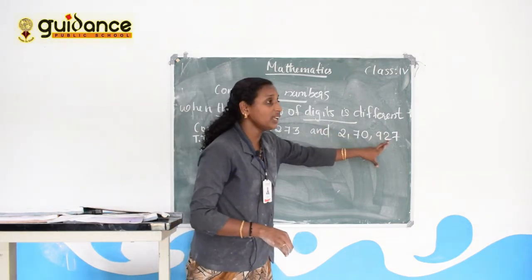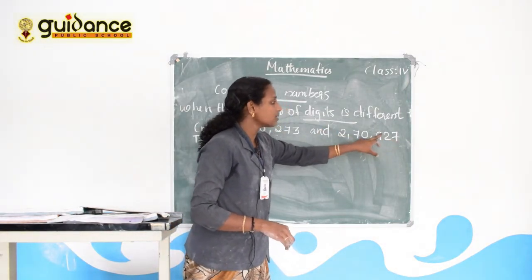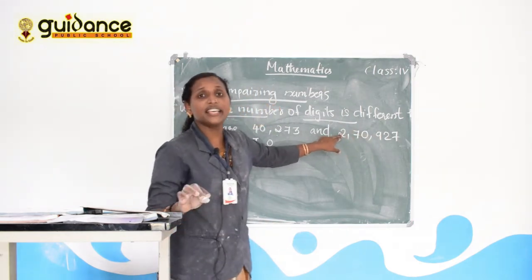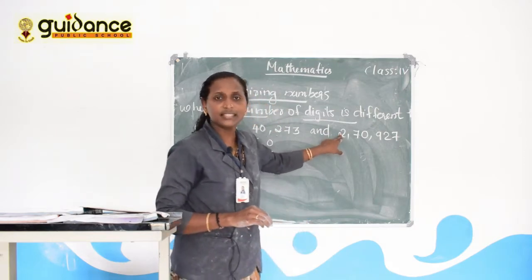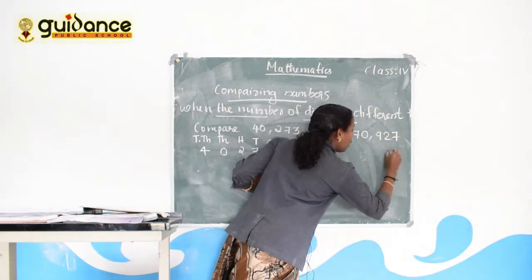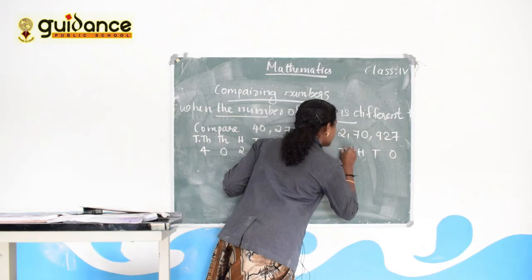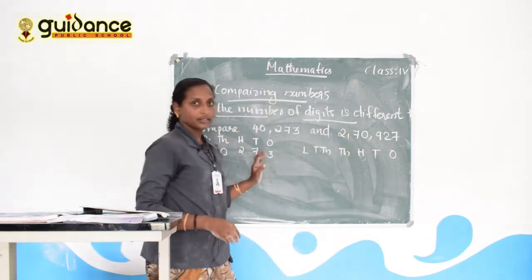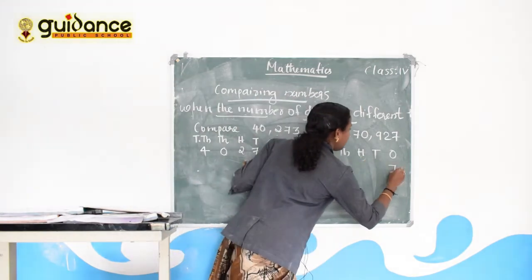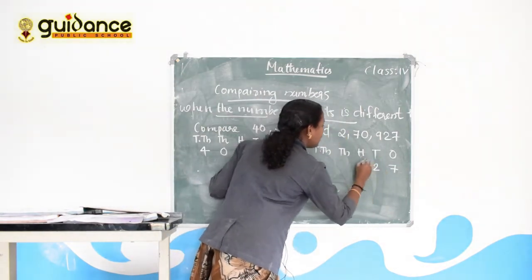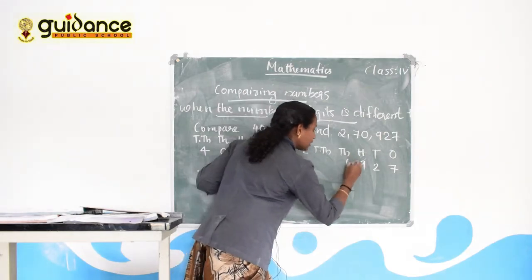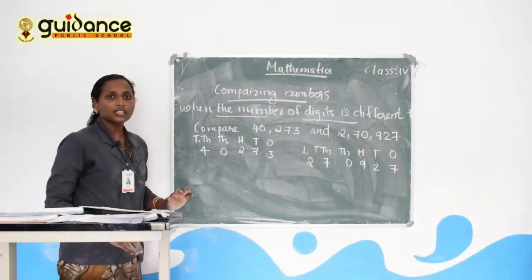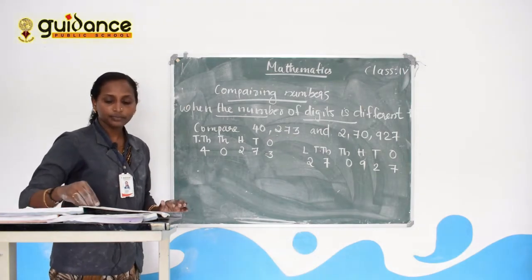It has ones, tens, hundreds, thousands, 10,000 and lakh, so it is a 6-digit number. The ones place 7, tens place 2, hundreds place 9, thousands place 0, 10,000 place 7 and lakh place 2.